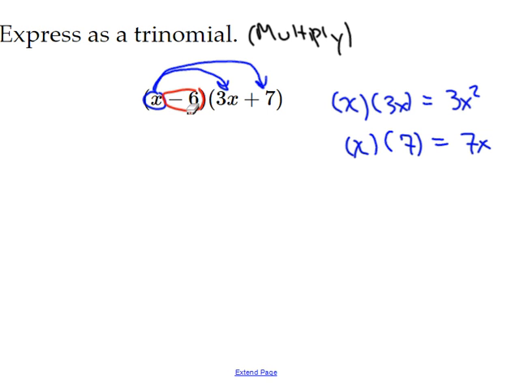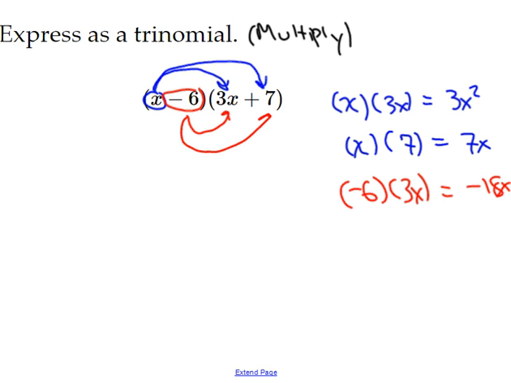That's important, because this is going to be negative 6 times 3x. So it's going to be negative 6 times 3x. That's going to give you negative 18x. And then we got negative 6 times 7. Negative 6 multiplied by 7. That will give us negative 42.